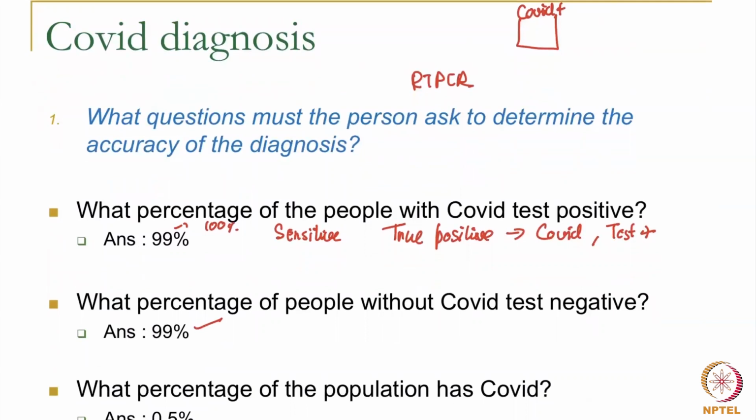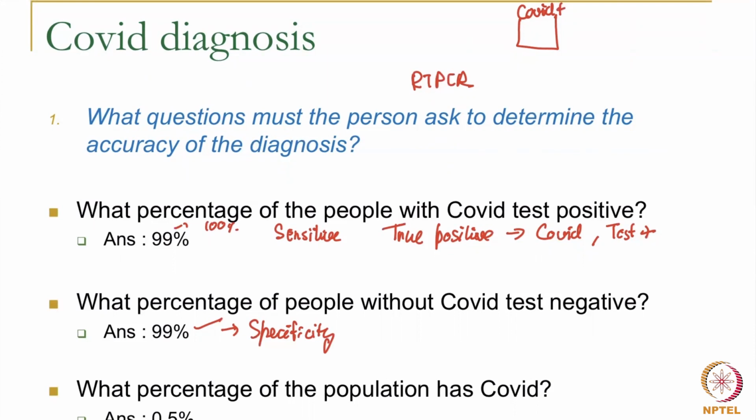Okay, so now you say, okay, 99% of people who have COVID test positive, only 1% of the people, that is from here, this is called specificity. Only 1% of the people without COVID test positive, or 99% of the people without COVID test negative.